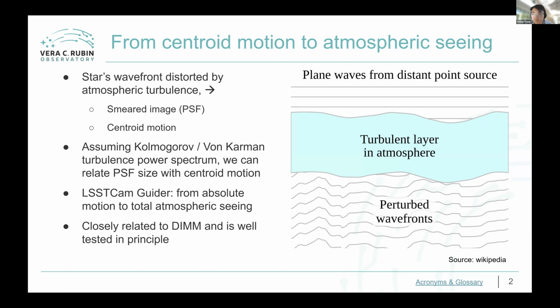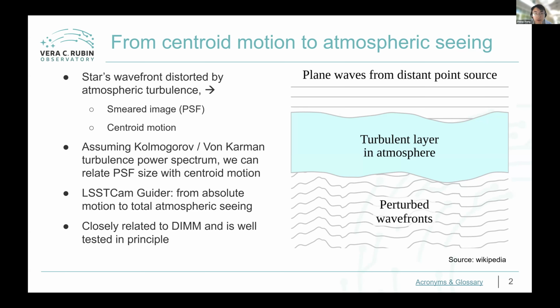That is the first thing we can do with LSSTCam. Because the measurement from centroid motion to PSF size requires fast or instantaneous exposures, preferably at high cadence, that is exactly what the guiders can do.